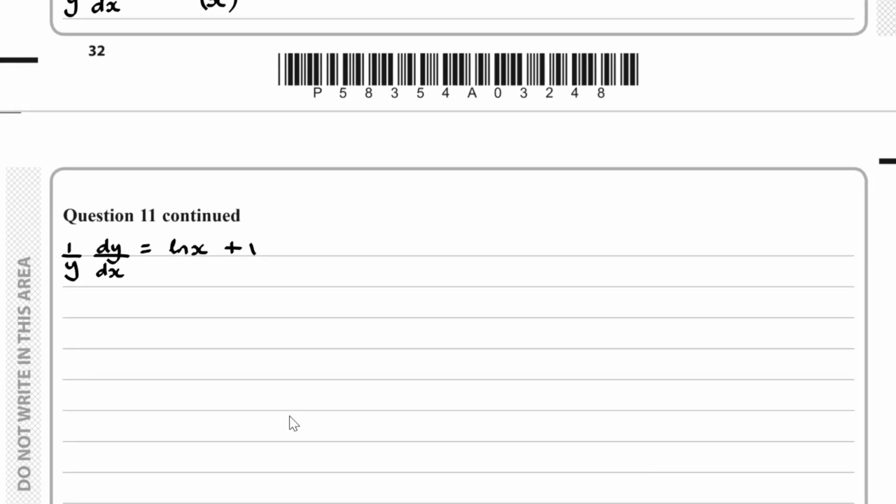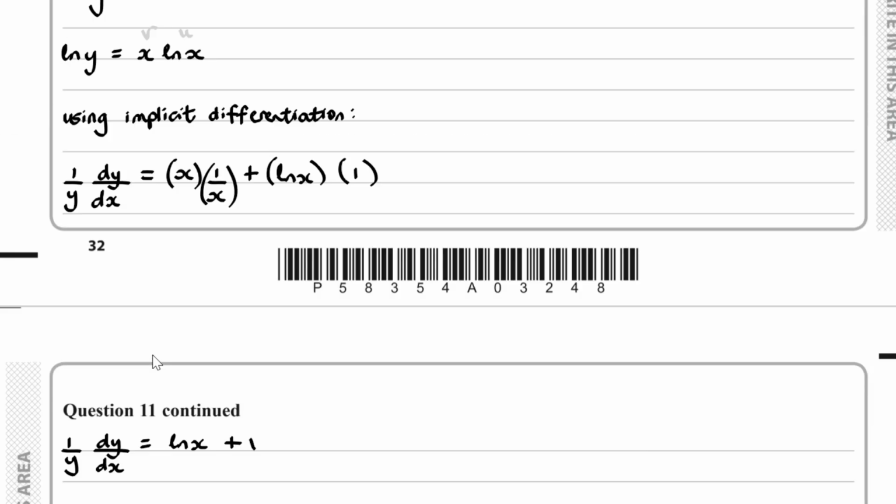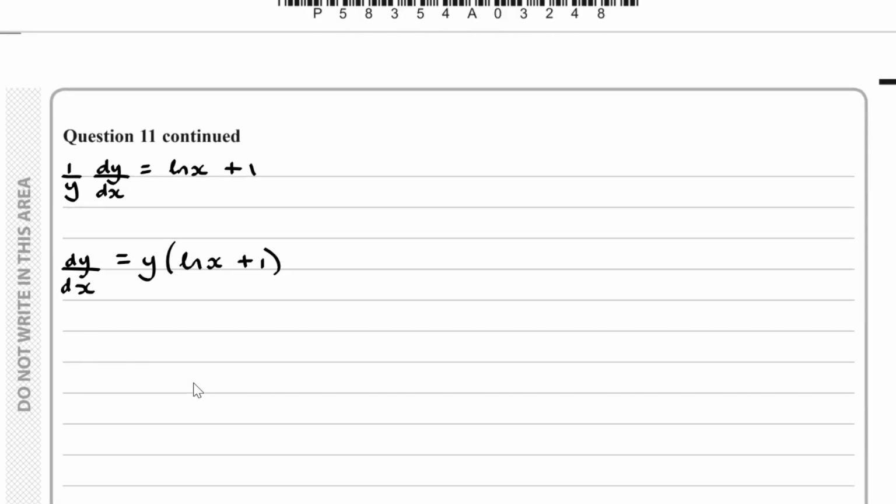And therefore, multiplying through by y, we have dy over dx equal to y lots of the natural log of x plus 1. And we already know what y is. Y is equal to x to the power of x.